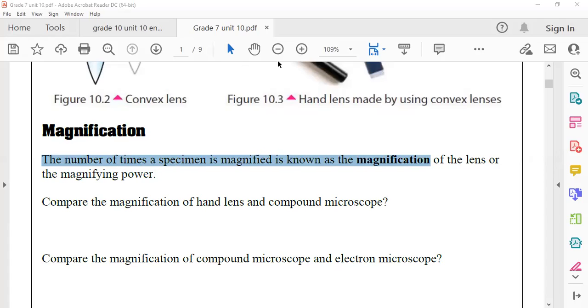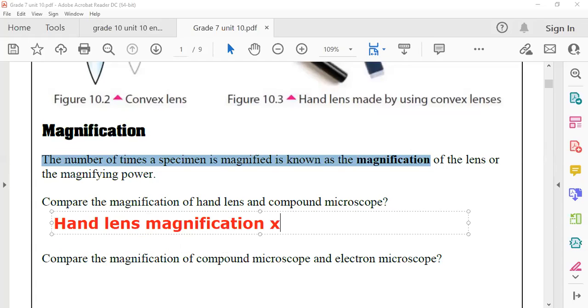Okay. If you take a single hand lens, what is its maximum magnification? Small ones can be there.